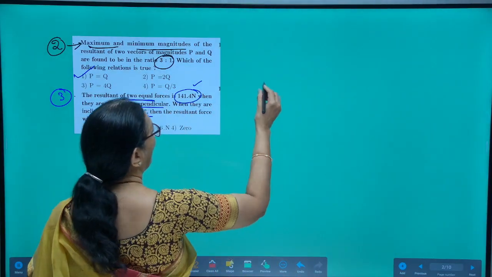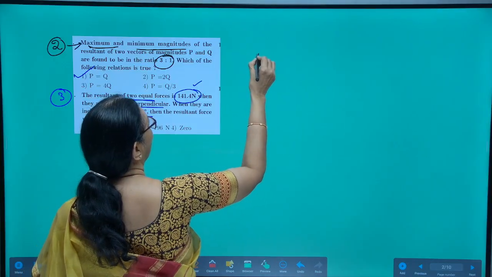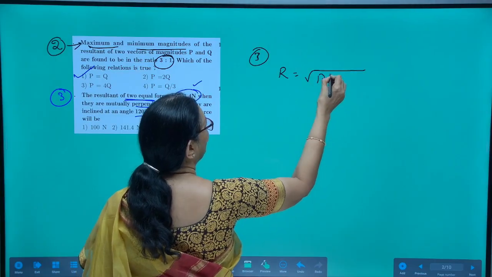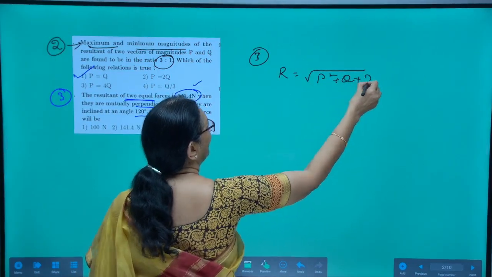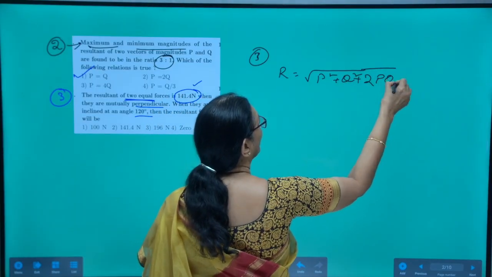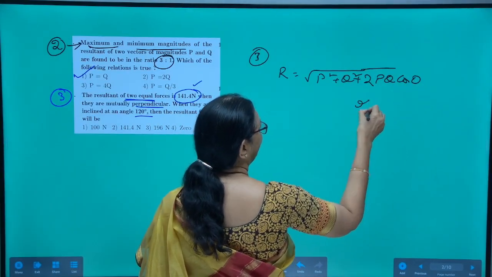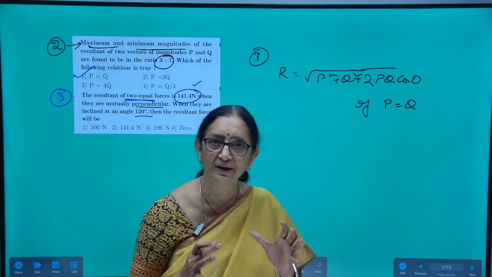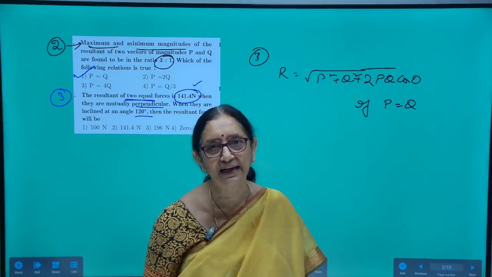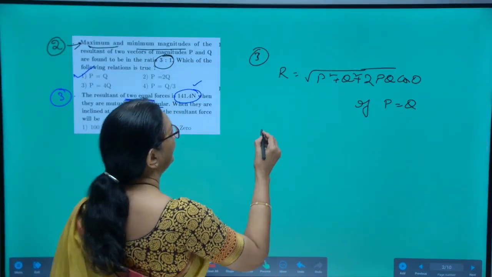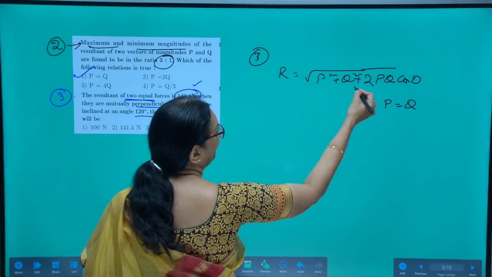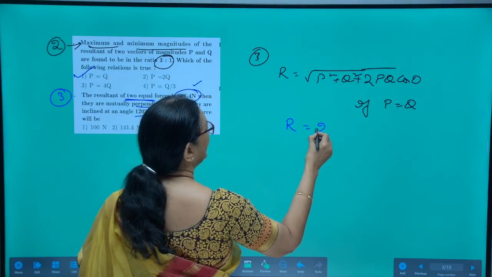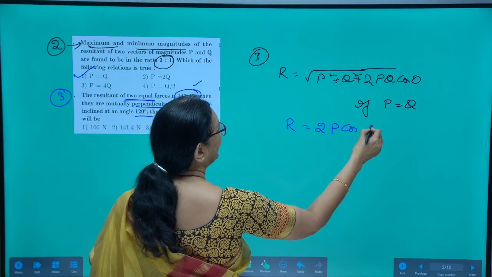Actually, from the parallelogram law of vectors, we know R is equal to root of P square plus Q square plus 2PQ cos theta. If P is equal to Q, that is, two vectors of the same magnitude inclined at an angle theta, then if you substitute P in place of Q, you get R as 2P cos theta by 2.